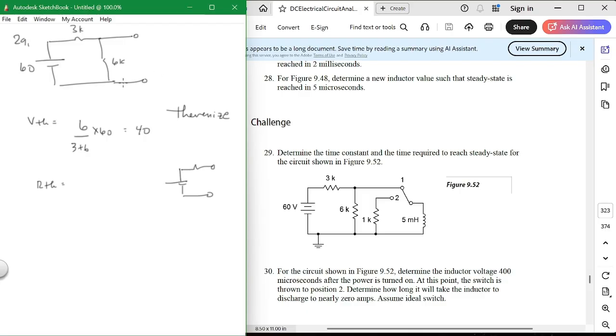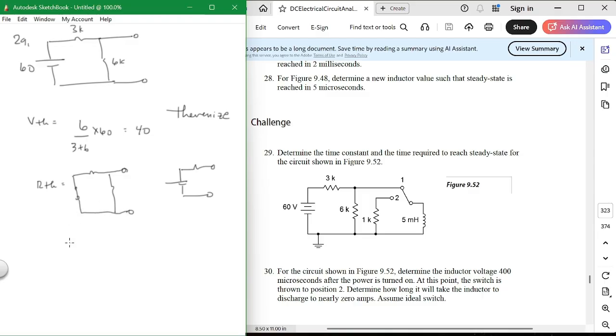So V Thevenin is easy. 6 over 3 plus 6, 60 is 40. What's R Thevenin? Well, you start here and you walk back. You walk through the 3K. You start at the point of here. You walk through and you can either go one way or the other. And what do you do with the voltage supply? Do you open it or short it?